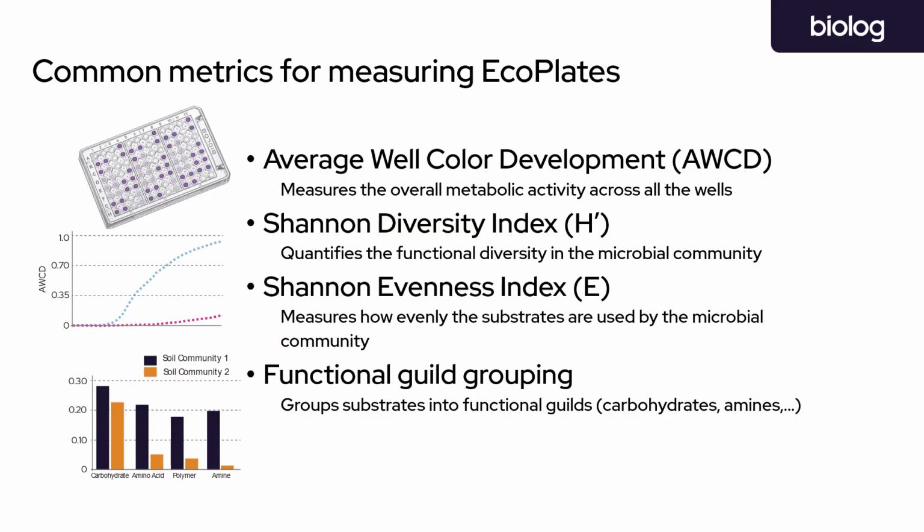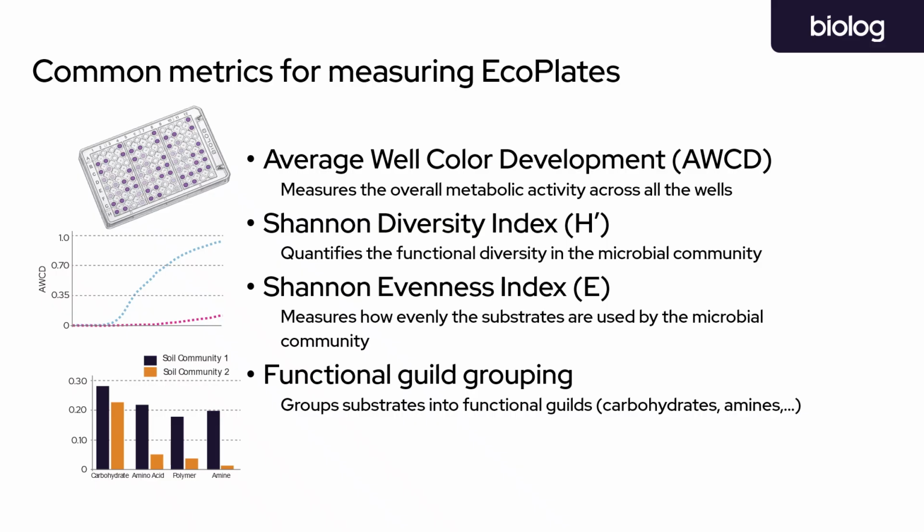We also have Shannon Diversity Index, and this quantifies the diversity of substrate utilization. You can also use Shannon Evenness, and this is going to measure how evenly distributed the utilization is by the community, right? So are they specializing, or are they just using everything that is available?